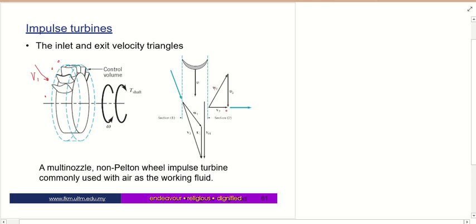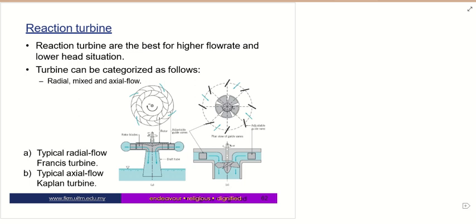Hence, the fluid pushes on the blade in the direction of blade motion. So the fluid does work on the blade, which is called a turbine. Okay, so this is for the impulse turbine that uses a variation of nozzles.